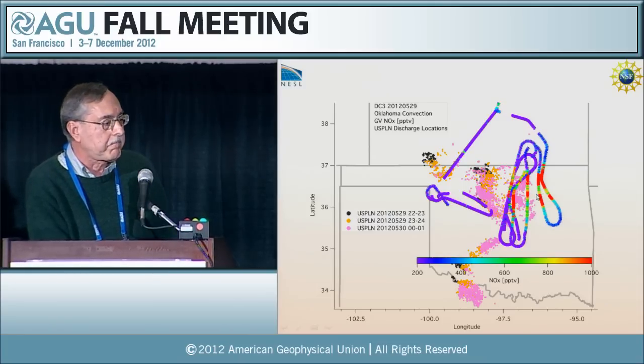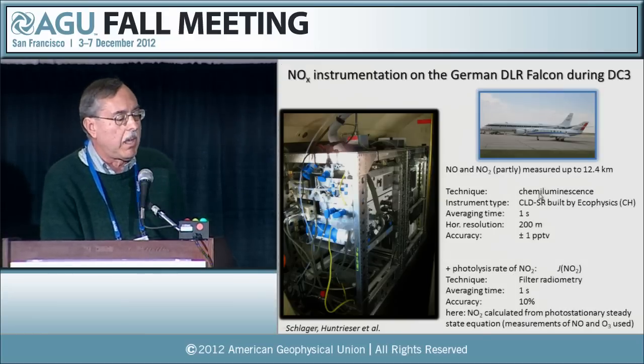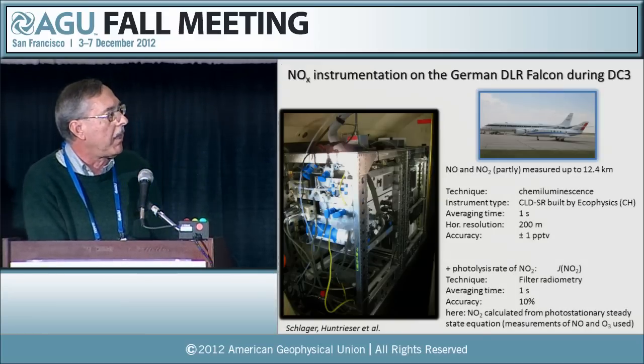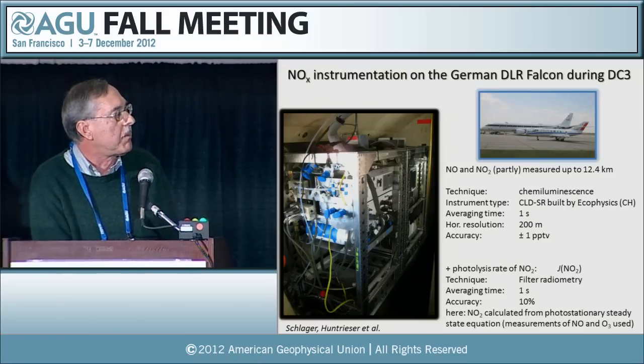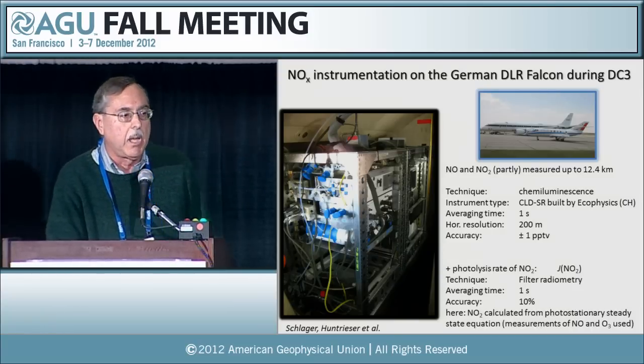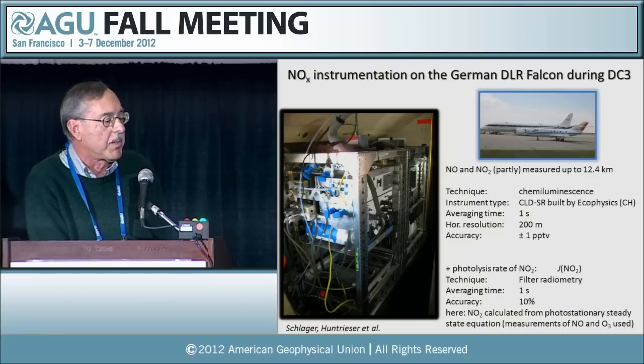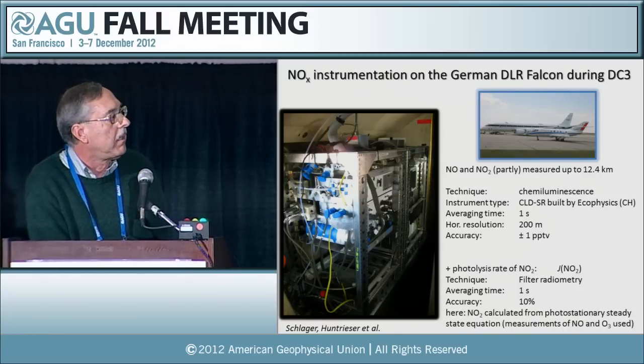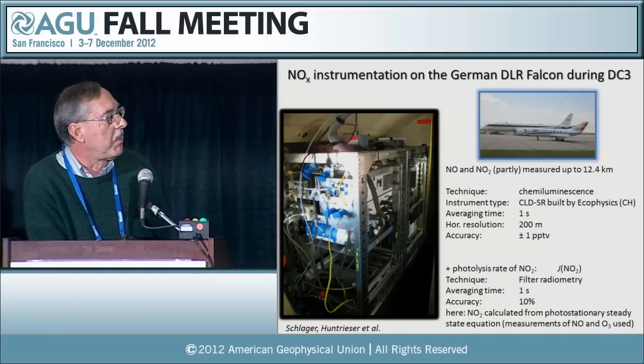So then on the German Falcon, another chemiluminescence measurement was made of NO, and also for ozone, and they are going to be computing NO2 through a photostationary state calculation using those NO and ozone measurements.